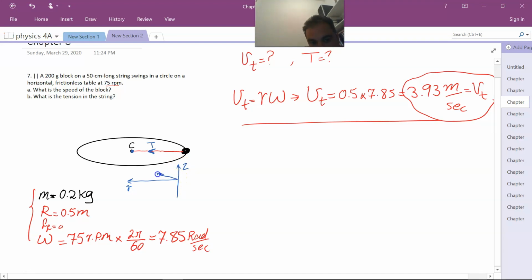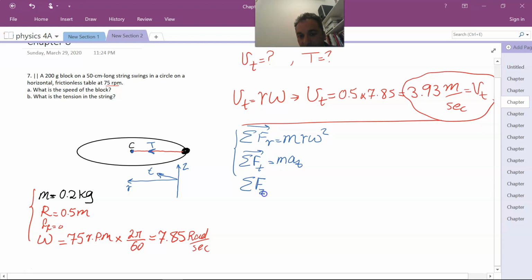So R, my middle finger, T, index finger, and Z, thumb, is up and down. Correct? RTZ. So sigma F on R equals m R omega squared, sigma F on tangent is m a_T, and sigma F on the Z axis is 0. Let's apply all of these.